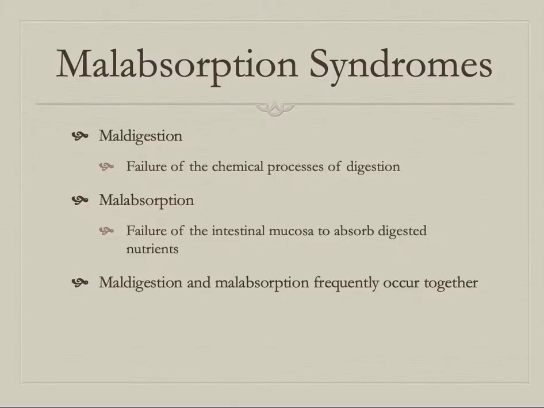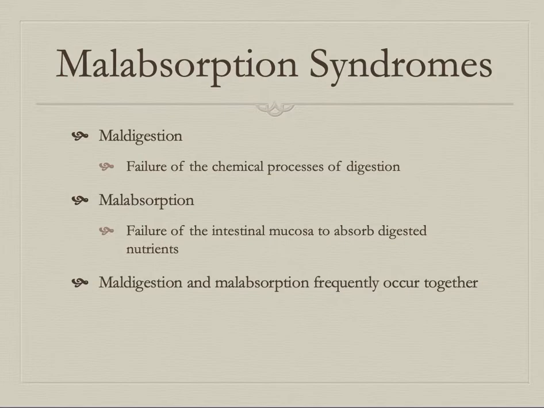All right, malabsorption syndromes. Remember that when we have malabsorption, we're talking about vitamins and minerals here, okay? Typically, sometimes protein too, it depends. And a lot of times it's started by maldigestion. So anytime we have maldigestion, that's a chemical process where we break the food down. That starts in the mouth with the saliva, and then it moves on.